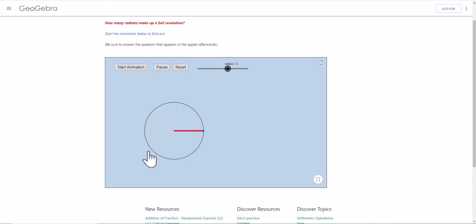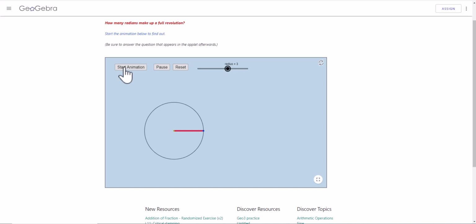Okay? So here I have this circle with a radius of 3, and I want to know how many of these radii it is going to take to go all the way around the circle. So if you want to, you can pause the video. You can think for a minute. Here's the length. Here's the circle. About how many do you think it's going to take to go all the way around the circle?